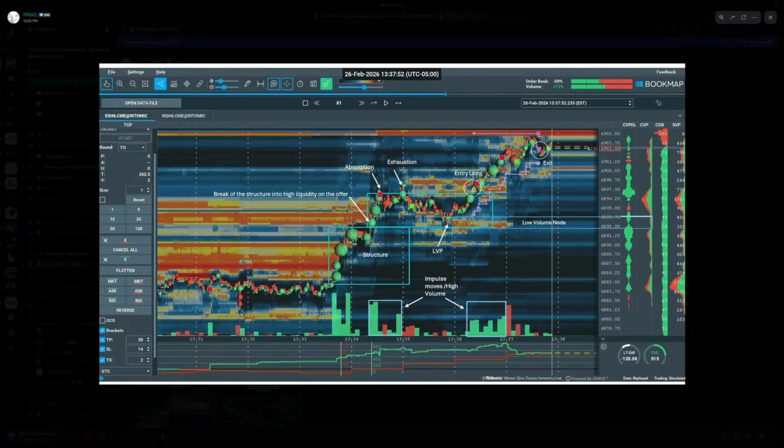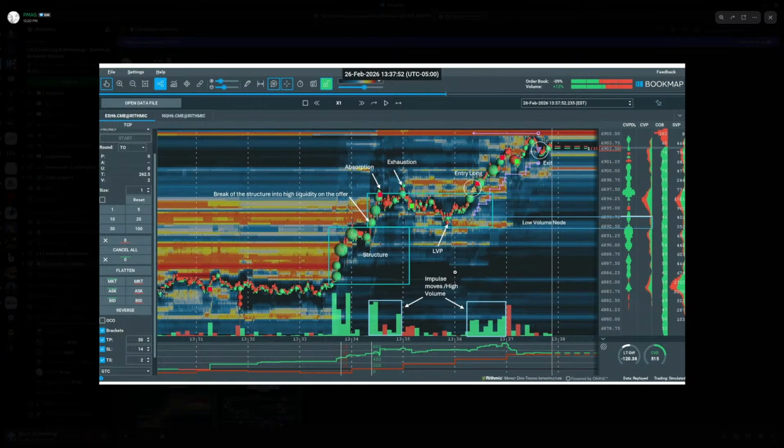And this is the case here. Once I defined the structure, the question was where exactly the structure is going to break. And once I identify the structure that's going to break, like I did here, I'm looking for absorption, which is also a requirement, at least from my understanding, and exhaustion. And then once the structure is broken, I ask, what's happening next?